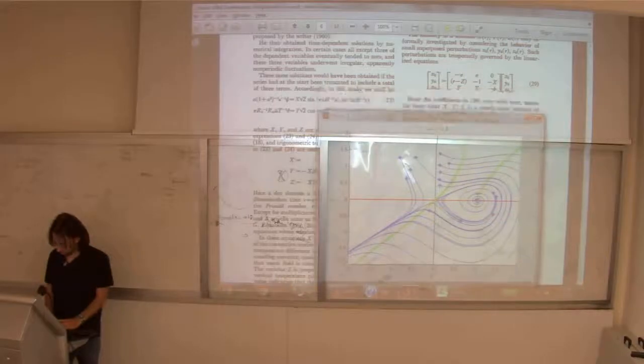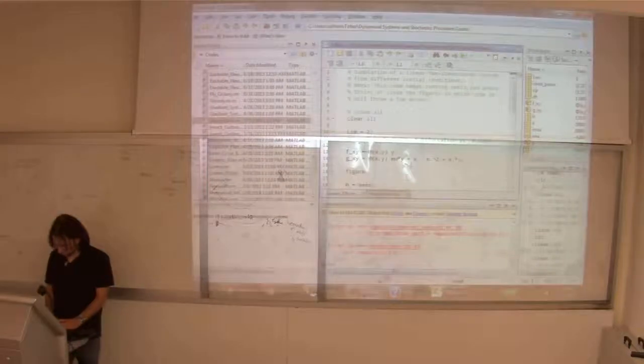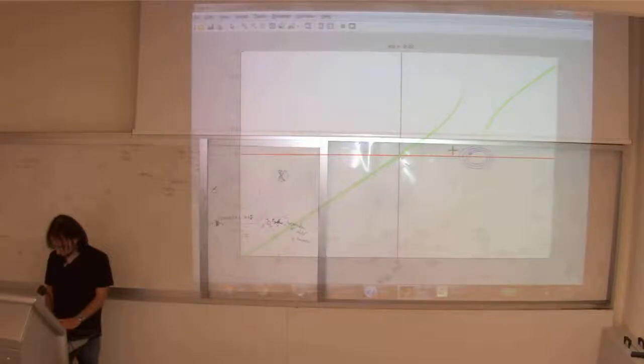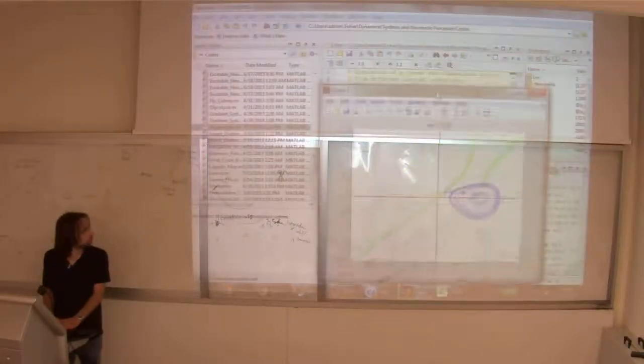And then the situation where there is a limit cycle. Here, there is a limit cycle around this unstable fixed point. If I started inside, I got to the limit cycle.